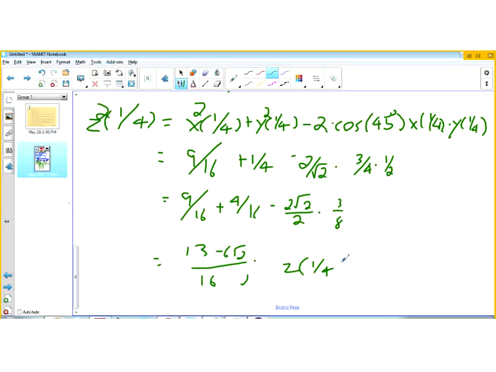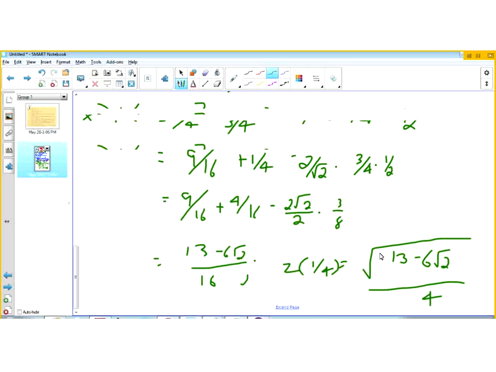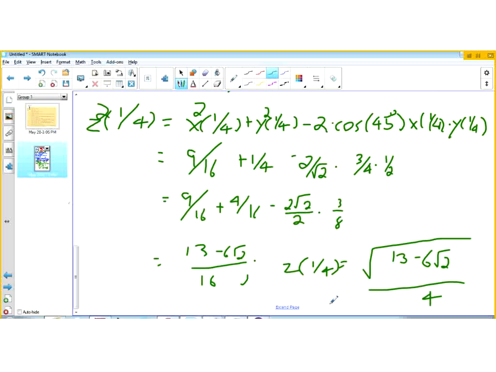And so z at 1/4 is equal to the square root of 13 minus 6 on the square root of 2, all of that divided by 4. So after 15 minutes, that would be the distance separating the two guys.